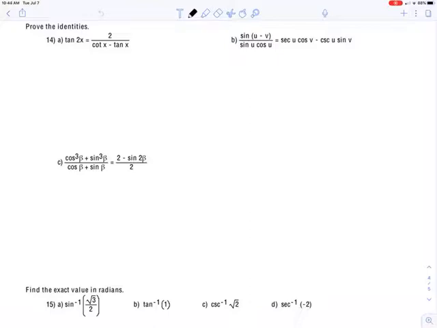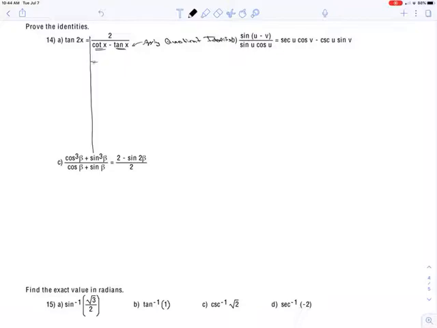So when I'm looking at 14a, I'm looking at the right-hand side. So let's work on it. As we simplify that, my first step is to go ahead and rewrite cotan and tan using my quotient identities. Apply quotient identities.